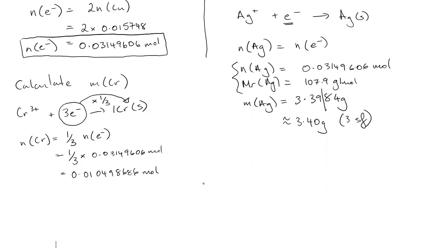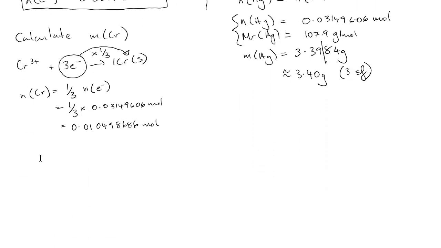From that information, we can now work out the mass of chromium by taking the mole of chromium and multiplying it by the molar mass of chromium.